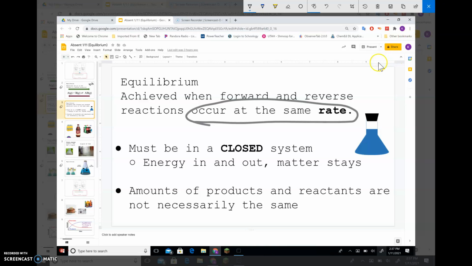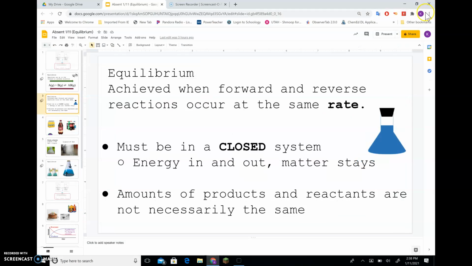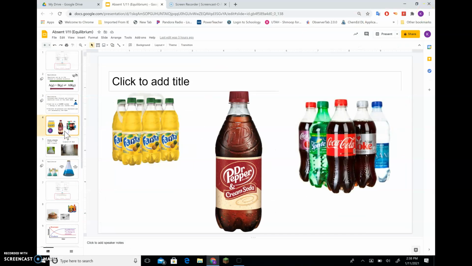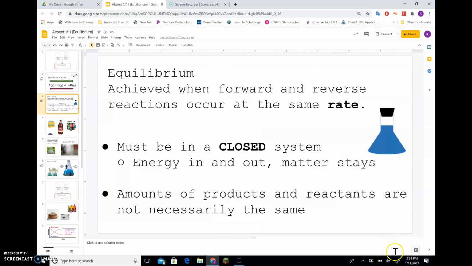Okay, and then this next part, this is letter A. In equilibrium, it has to be in what we call a closed system. So I want you to think about a soda bottle right here, okay? And each one of these has a lid, right? There's these lids. And so with the lid on, we have what's called a closed system.